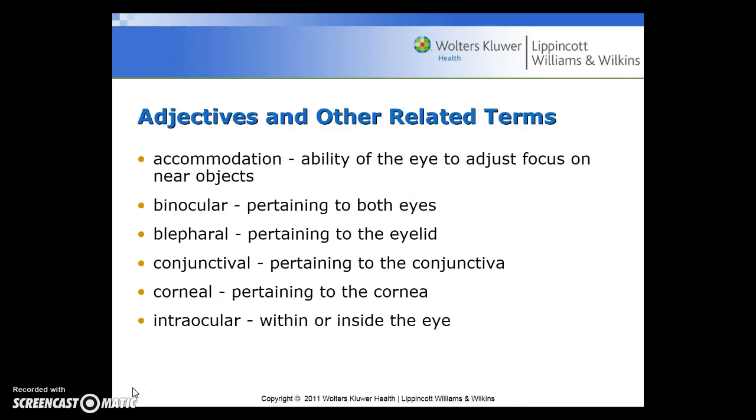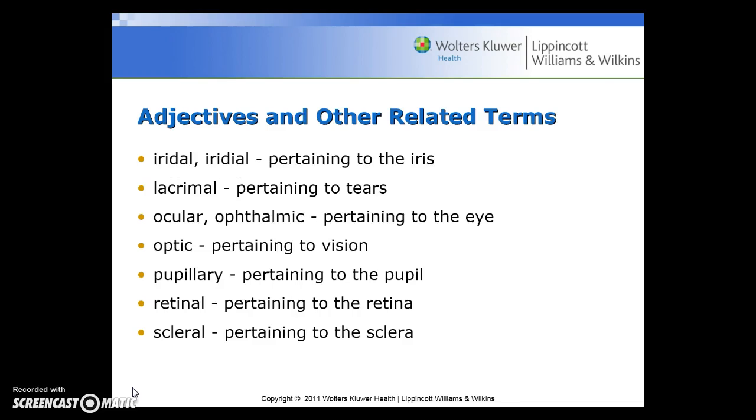Some adjectives and other related terms to this system are accommodation, and that's the ability of the eye to adjust focus on near objects; binocular, pertaining to both eyes; blepharal, pertaining to the eyelid; conjunctival, pertaining to the conjunctiva; corneal, pertaining to the cornea; and intraocular, within or inside the eye.